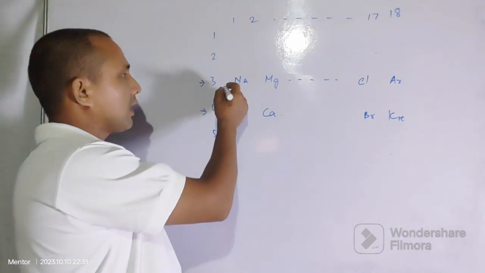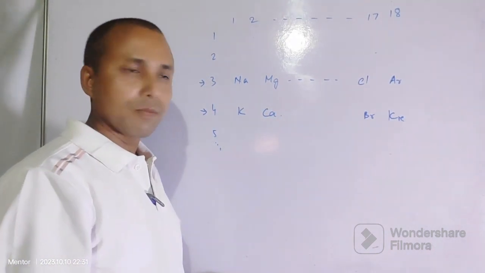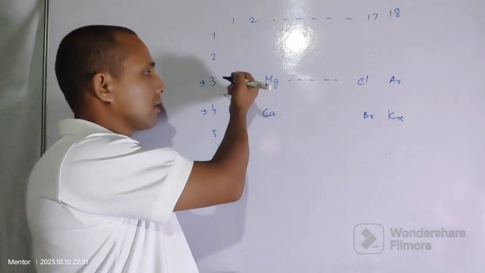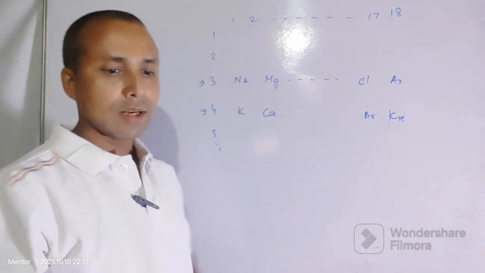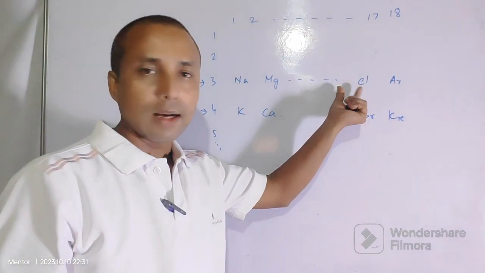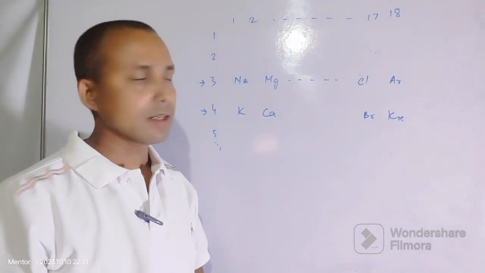So in period 3, all contain 3 shells. They contain 3 shells, like sodium, magnesium. Then at the last, chlorine and argon are placed.